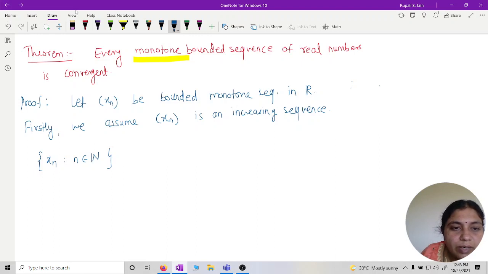This sequence is bounded and it is an increasing sequence. So what can I say about this set?